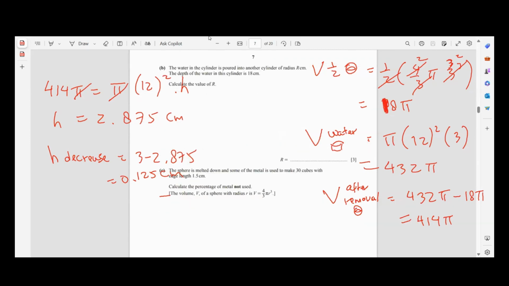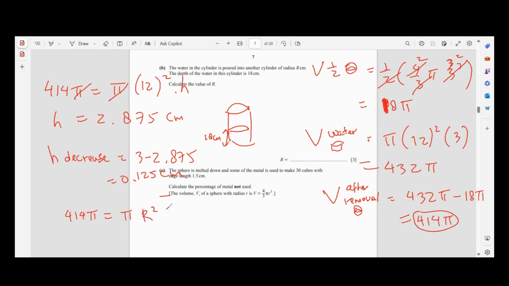For the B, it asks you to find, okay, so there's another cylinder. The depth now is 18 centimeter. So we know the volume of the water is 414 pi. So 414 pi equals, this time we do not know the radius, so we have to find the radius.